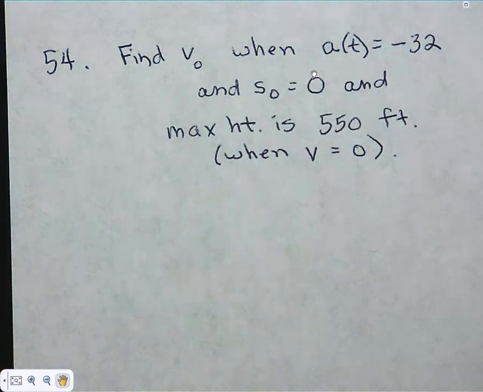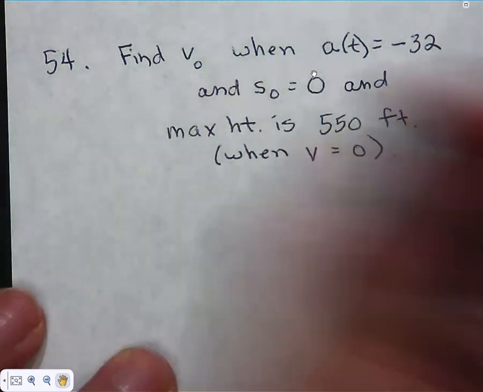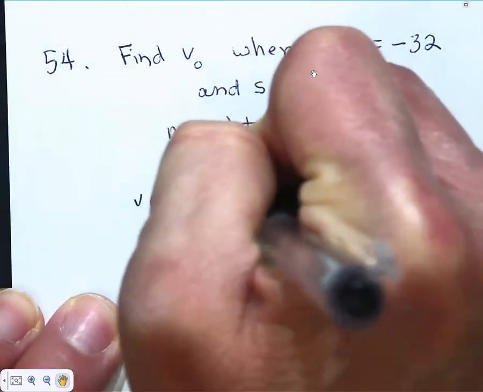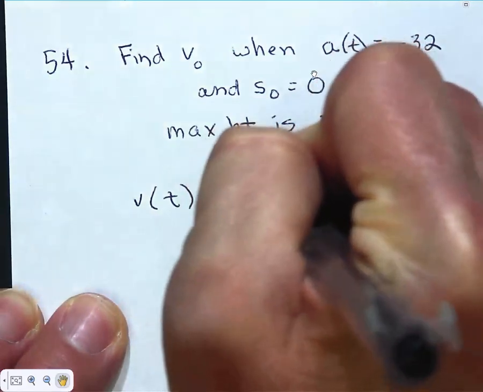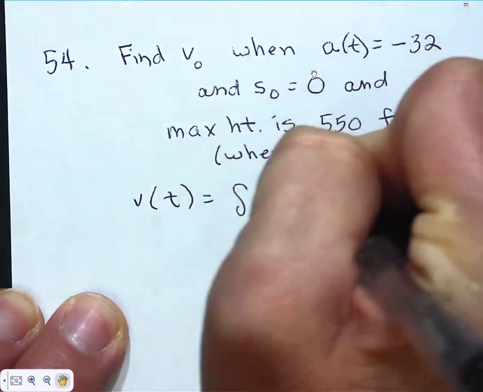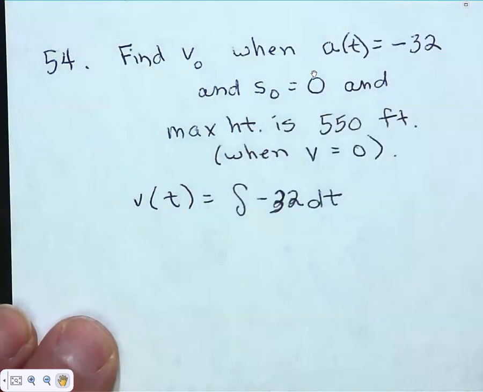If I have the acceleration function, I can find the velocity function. The velocity function would be the antiderivative of the acceleration function with respect to t.